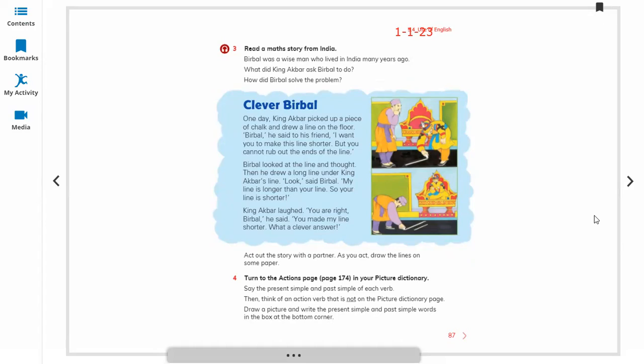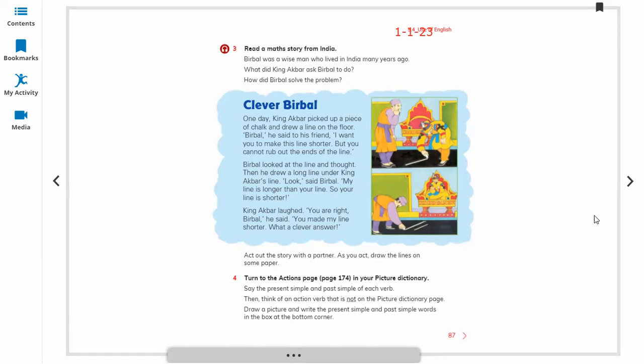Look, said Birbal, my line is longer than your line, so your line is shorter. King Akbar laughed. You are right, Birbal, he said. You made my line shorter. What a clever answer, Birbal, he said.